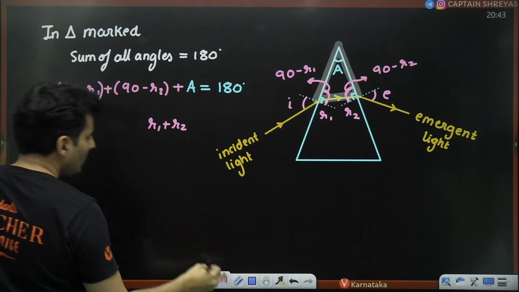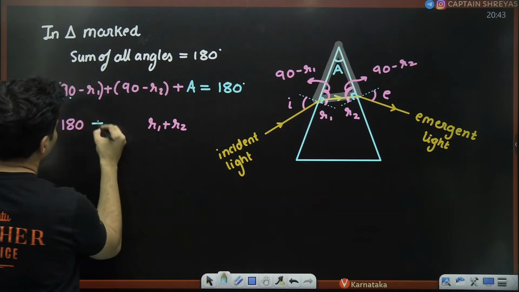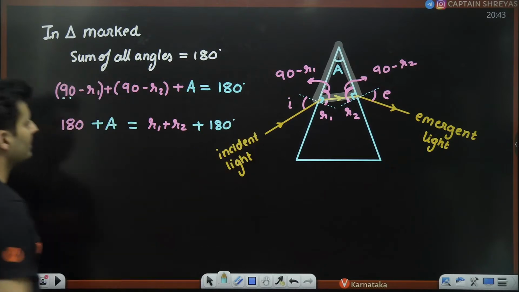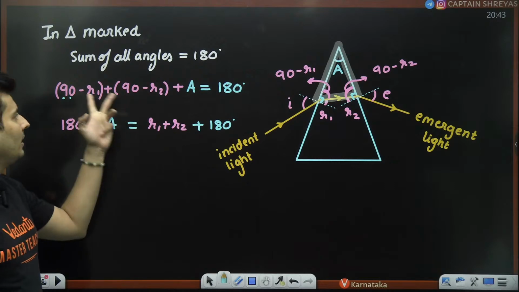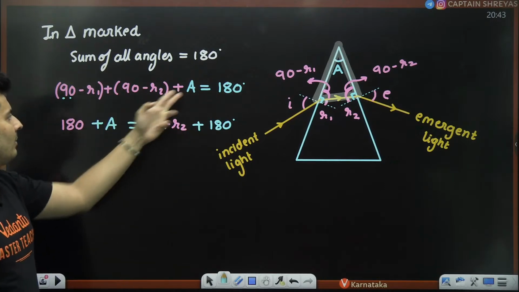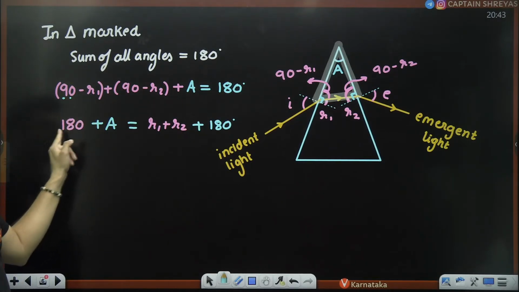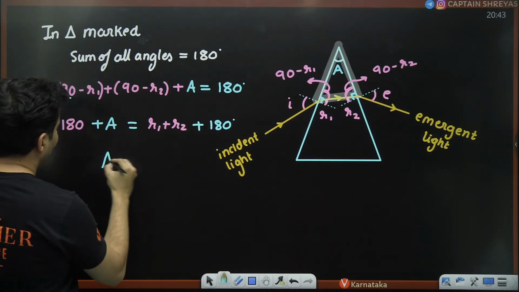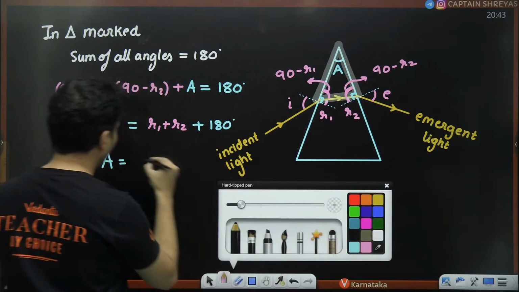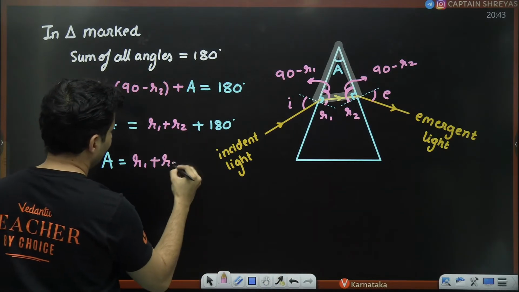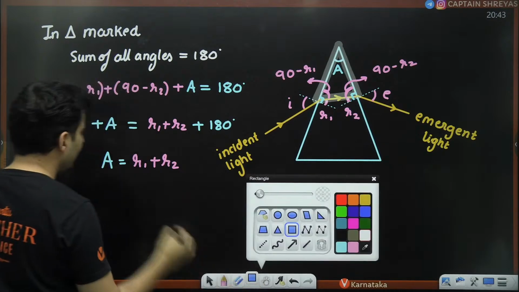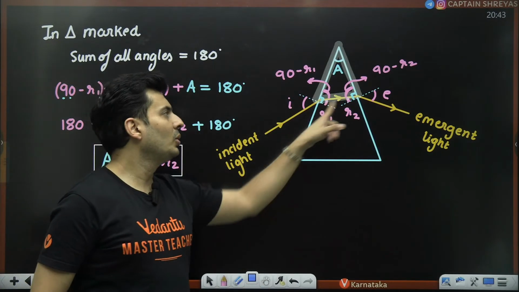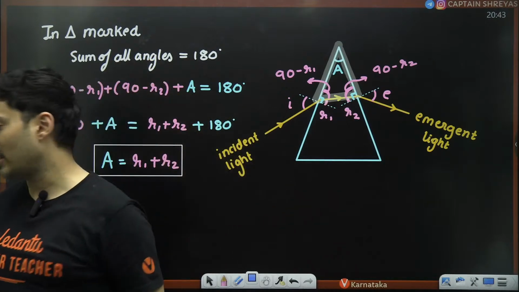And over here on the left hand side, I'll be left with A, and on the right hand side is 180 degrees. Yes, I've just shifted R1 and R2 to the right hand side and kept A with this 90 plus 90, which is 180 over here. 180 and 180 will cancel. So what will I get? The angle of prism is nothing but R1 plus R2. Perfect. So this is another result which you should remember. The angle of prism is the sum of the two interior angles when it is refracted.